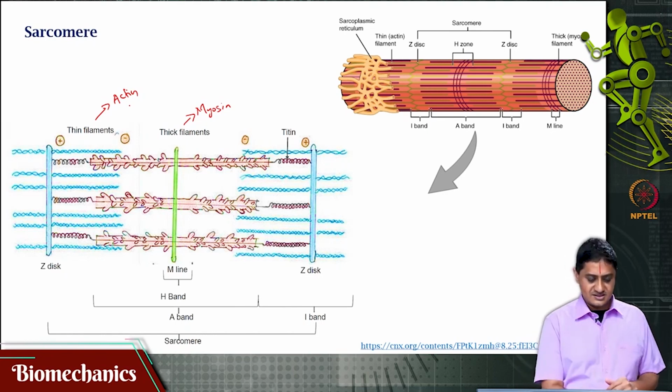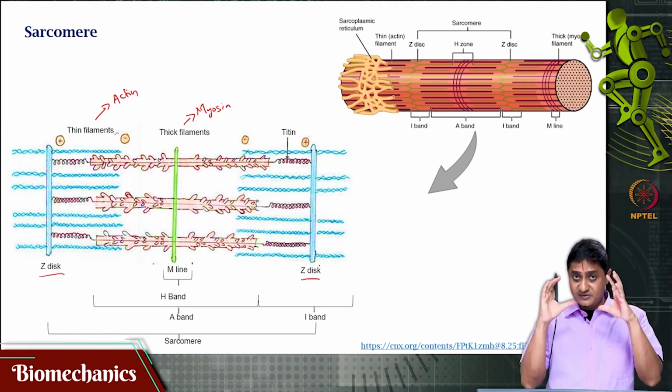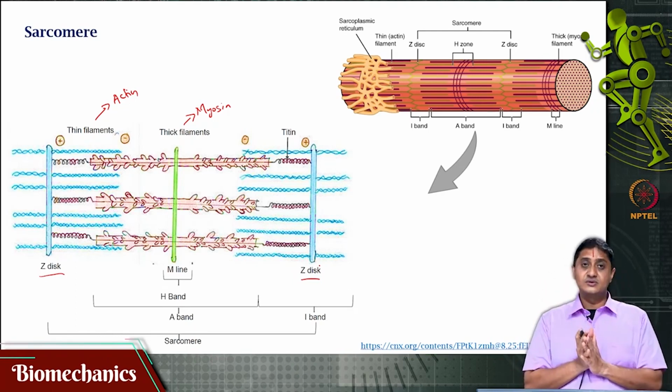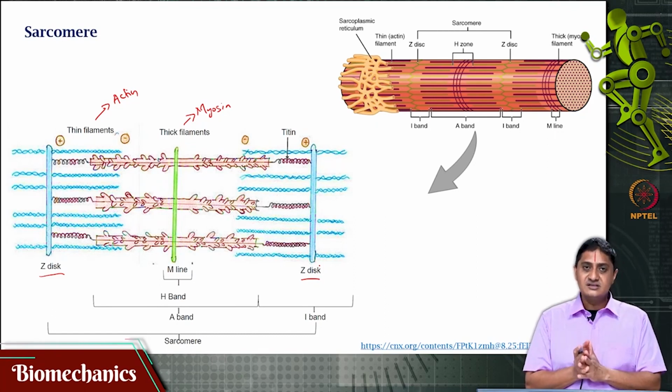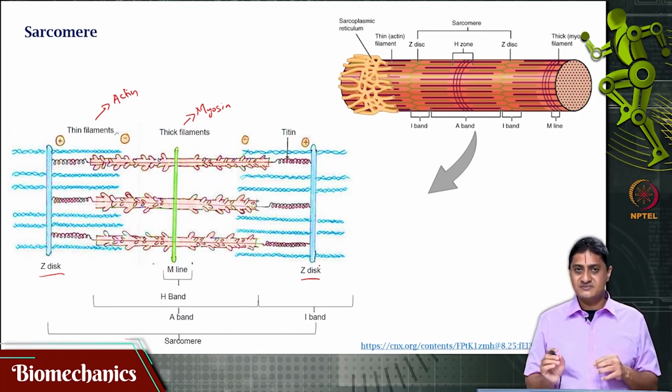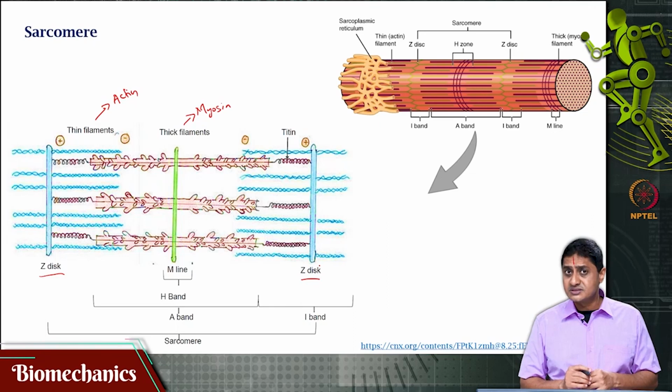The set of all components that you find between two Z discs put together is called a sarcomere. This is the smallest functional unit of a muscle, right. So, how does this produce force? That is of interest for us.